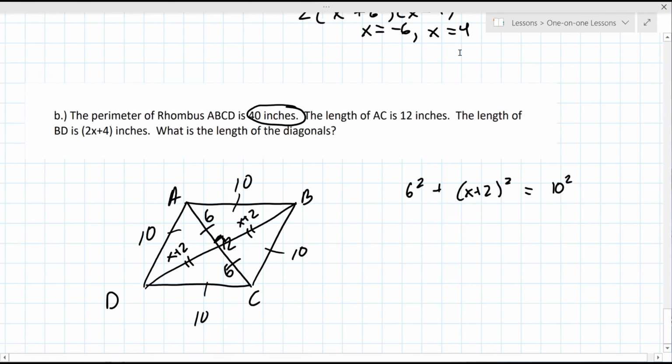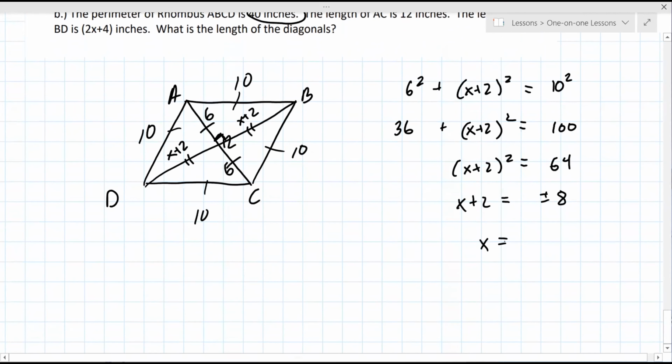I actually have zero idea on how I'm going to solve this. Okay. Oh, wait, so, no, I do. All right. (x plus 2) squared equals 100 minus 36, so you get (x plus 2) squared equals 64.